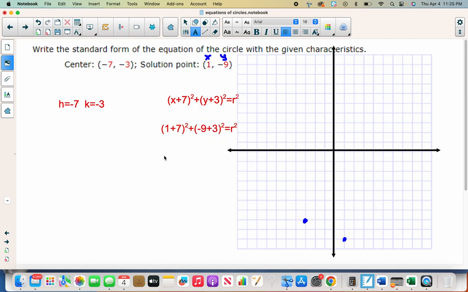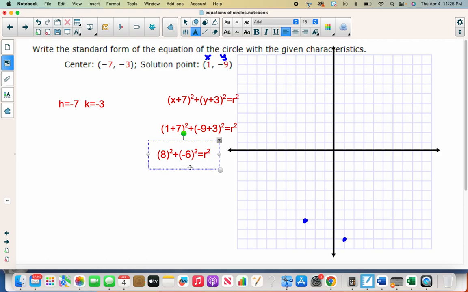So if we do that, we're going to get 8, because 1 plus 7 is 8, 8 squared plus -9 plus 3 is a -6 squared equals r squared. Because once we find the r, we can write the equation. That's the only thing we're missing.